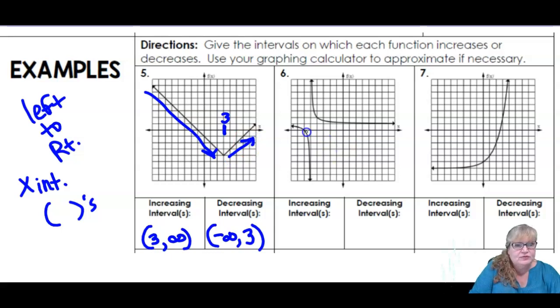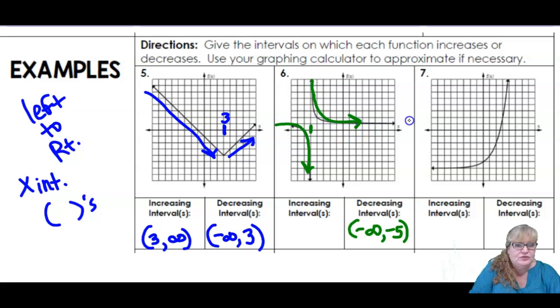Now, these can be a struggle for students, but just trace with your pencil. As you go from the left towards the right, this goes down. So it is decreasing from the left, -infinity, until this X value right here of -5. But then something weird happens. If you go to the other half, just to the right of -5, look at, as I go left to right, it is still going down.